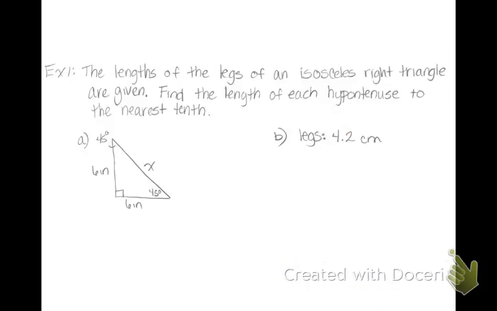We're starting with 45, 45, 90. They're also called isosceles triangles. That means two sides are equal to each other. So again, you're going to have your formula: x, x, and x square root of 2.